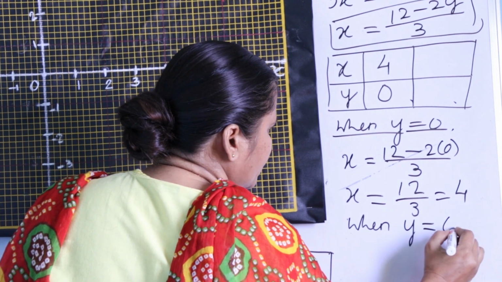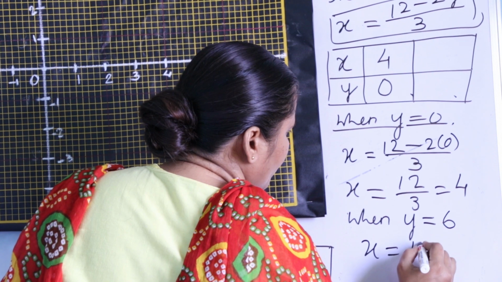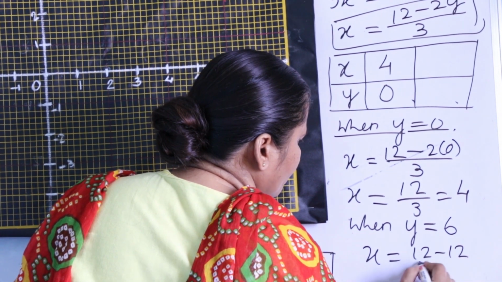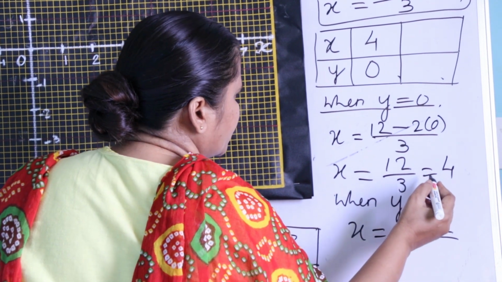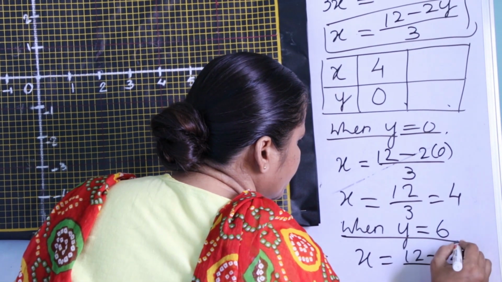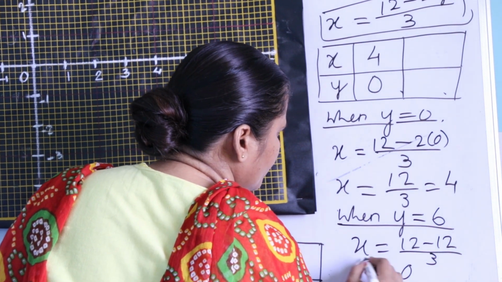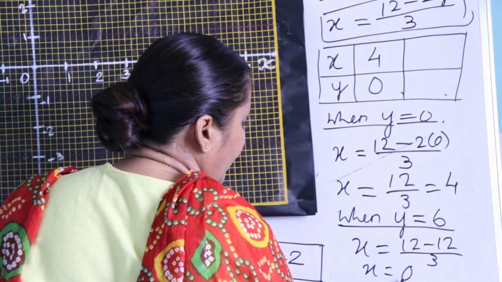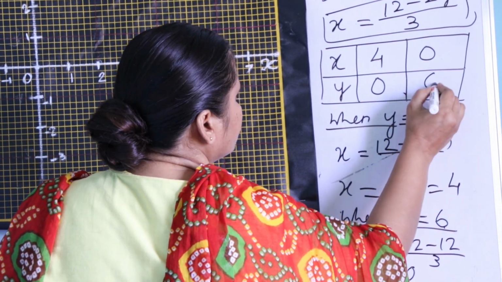So when y is equal to 6, x is 12 minus 12. Right? You understood how we got this? 2 times 6 it is. Y is equal to 6. X is equal to 0 is another value. So x will be 0 when y is equal to 6.